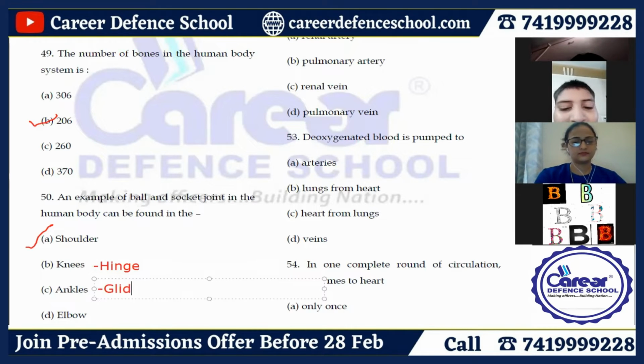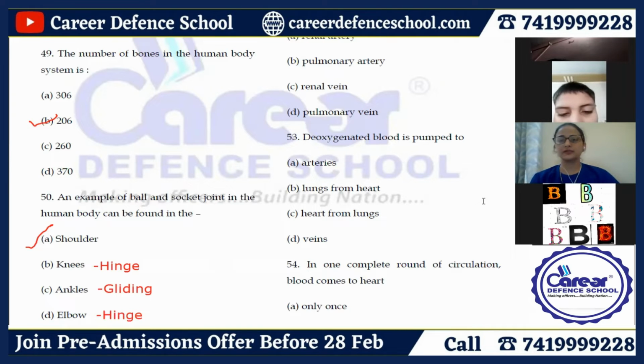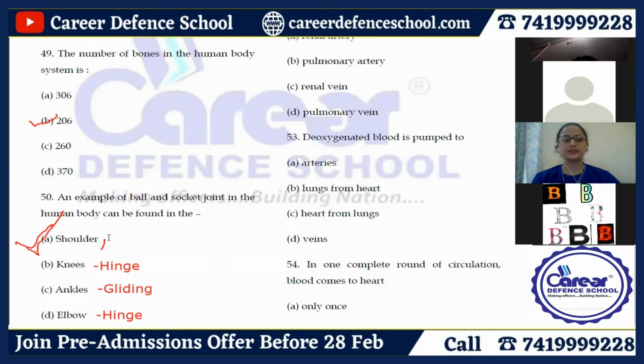Ma'am, gliding. And in the elbow? Hinge. So its answer will be knee. Oh, sorry, shoulder. Okay. So the example of ball and socket joint is shoulder and pelvis. Right here, pelvis also. In your hips there is a ball and socket joint.